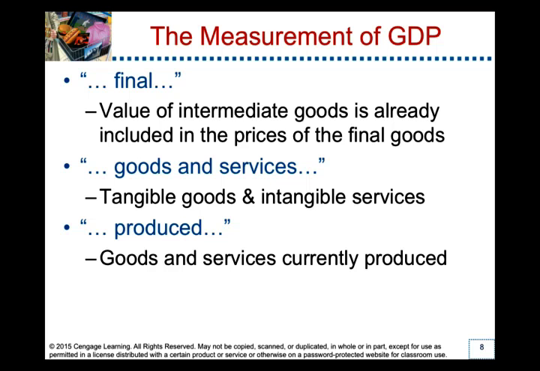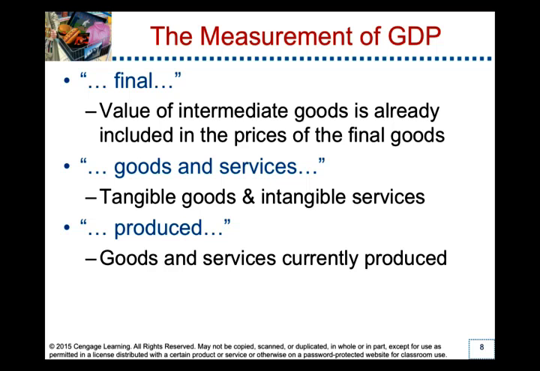Let's say there is a farmer who produced wheat, and the value of that wheat is $200. Now, the farmer sells that wheat to a flour producing company, and that company converts it into flour, and now the value of that flour is $300. So that will be considered an intermediate good.